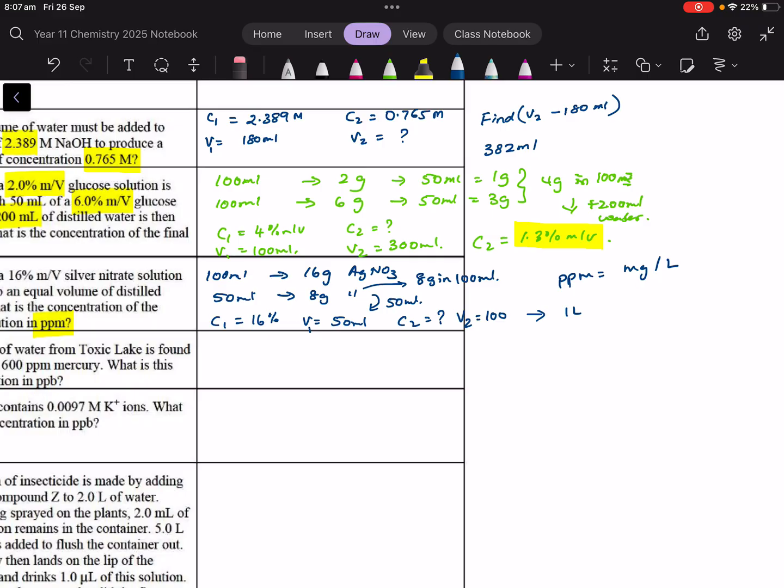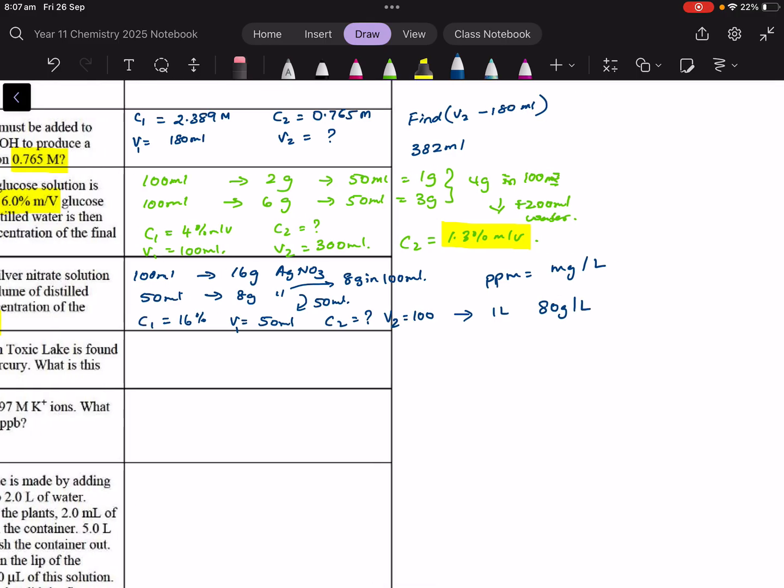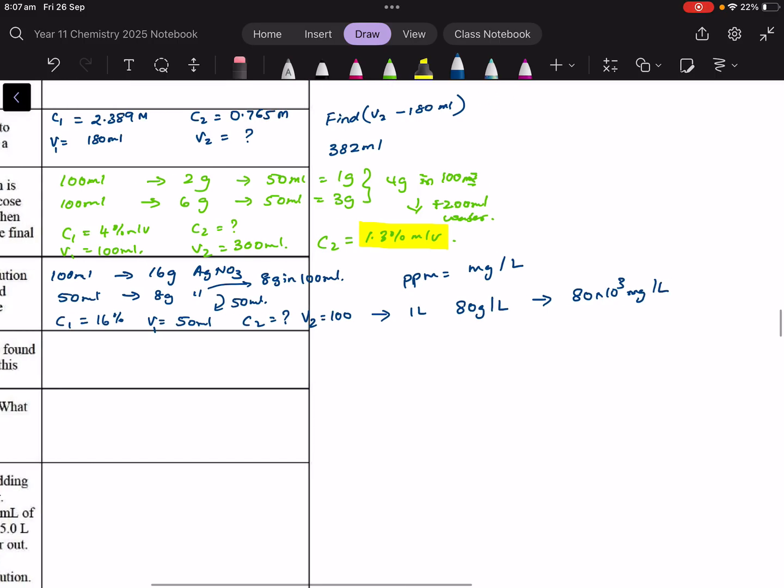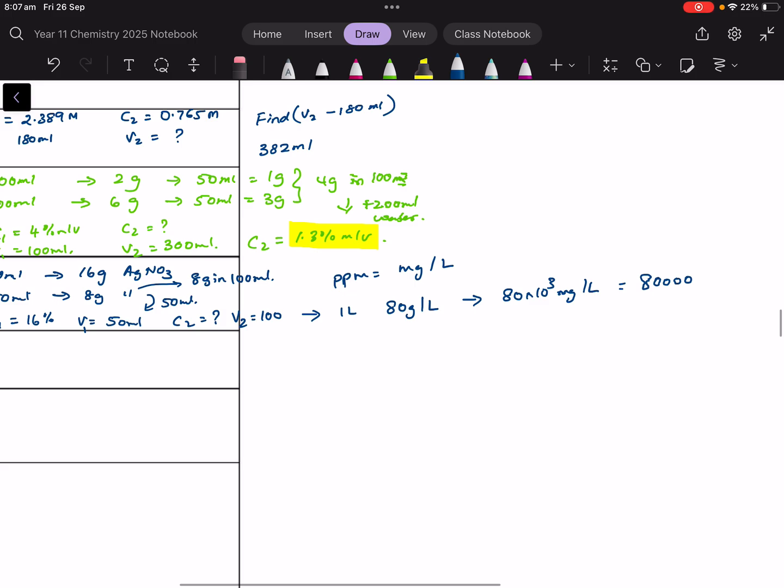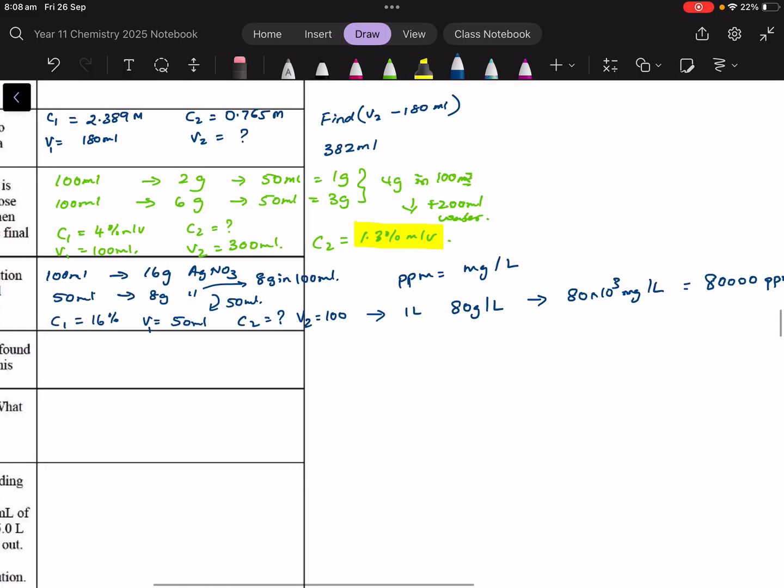I want to find out the concentration in 1 liter, not in percentage. So that's basically going to be 80 grams in a liter. I'm going to convert that into milligrams, which is 80 multiplied by 10 raised to 3 milligrams per liter, which is equal to 80,000 milligrams per liter, which is 80,000 ppm. Or you can write it as 8 into 10 raised to 4 ppm.